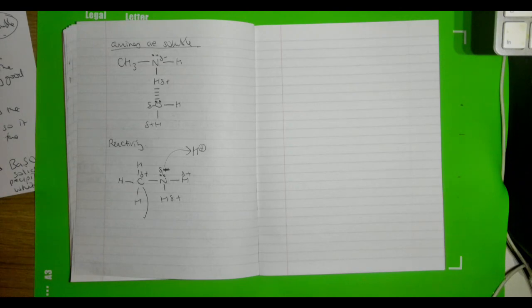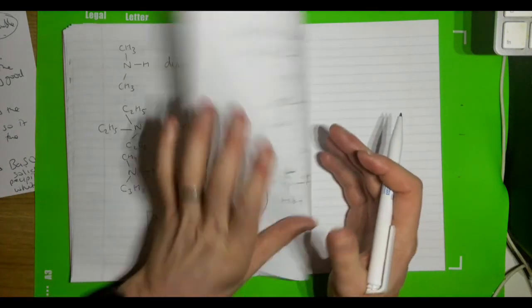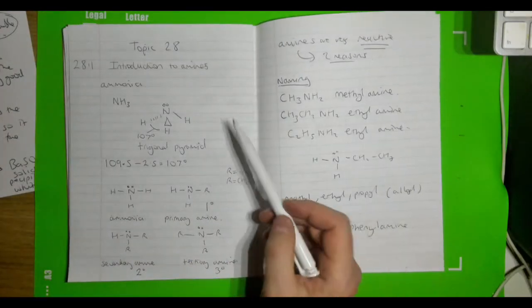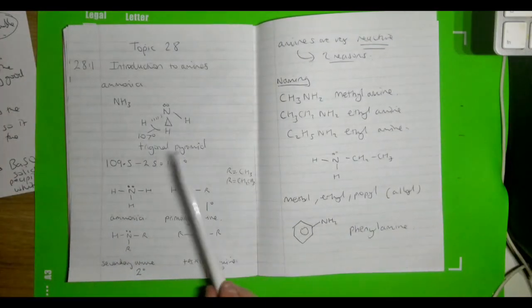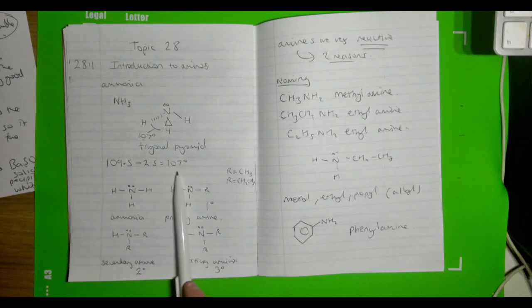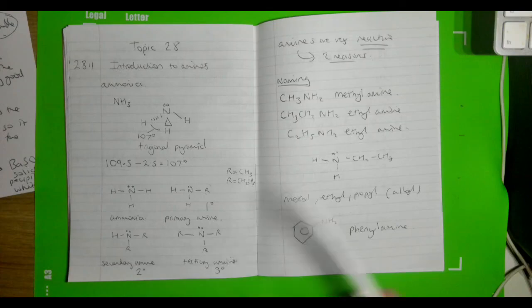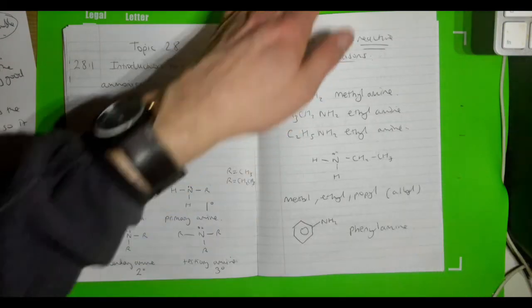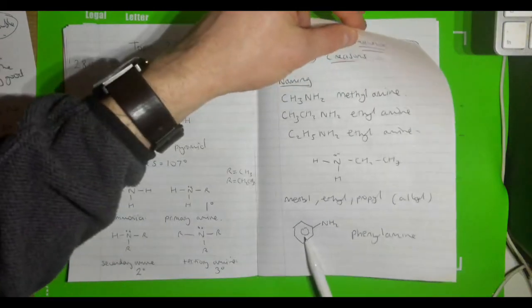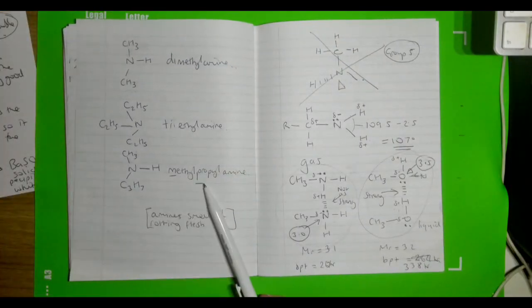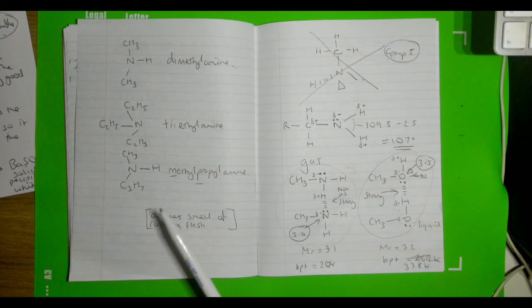Okay, so what we've got there is a new class of compounds. We looked at ammonia here, why the bond angle of ammonia is 107 degrees. We learned about primary, secondary and tertiary amines. We learned to name primary amines, amines with a phenyl group, name secondary amines, and then I think the hamster ran across the page.